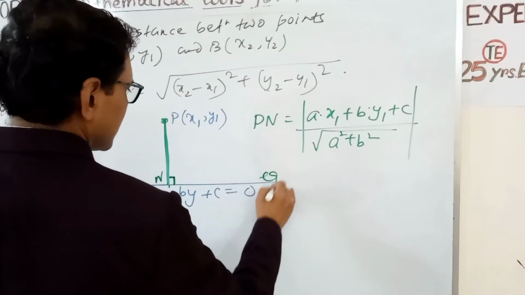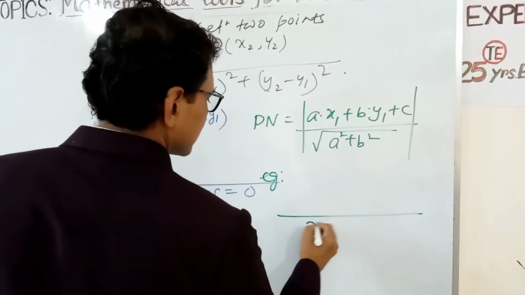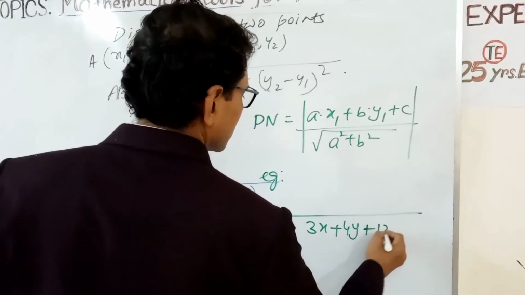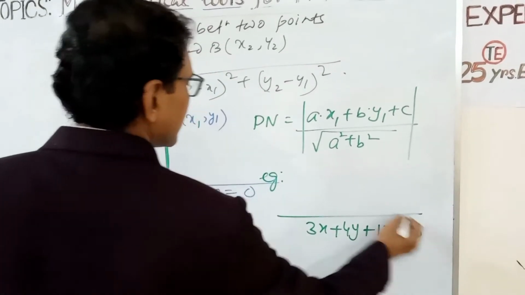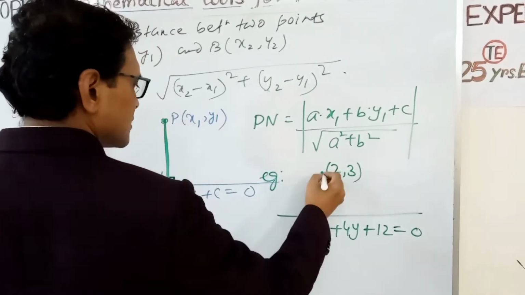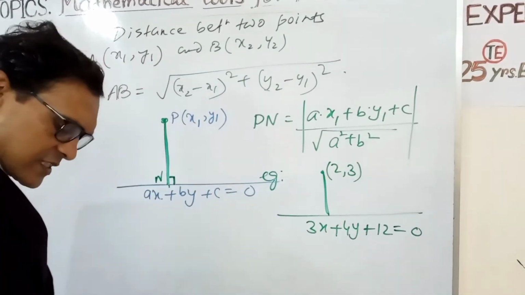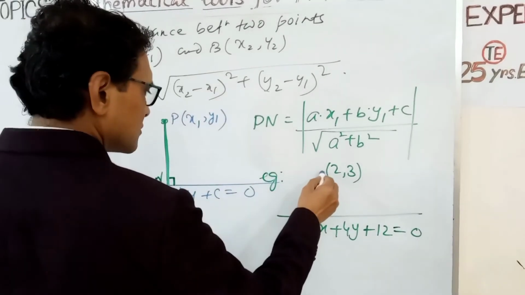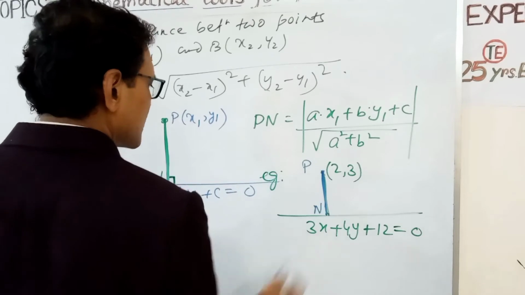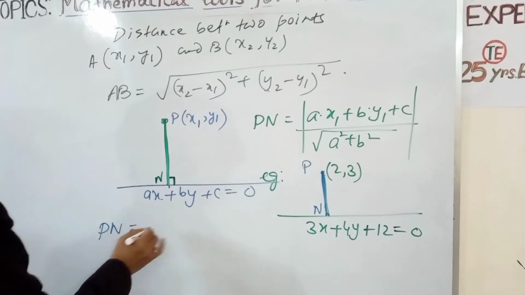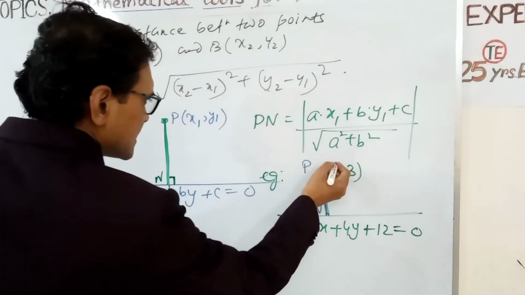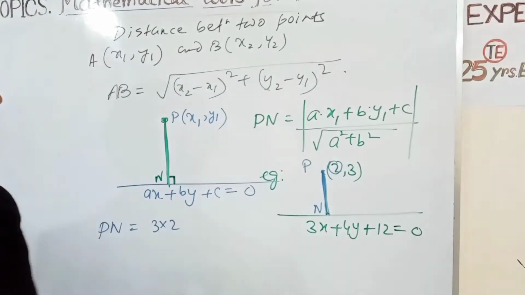Example, suppose this is a straight line and this is an arbitrary point (2, 3). What is the perpendicular distance? So by the formula, this is the distance of P to the line.